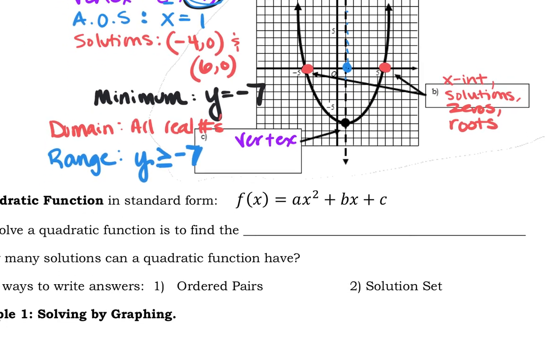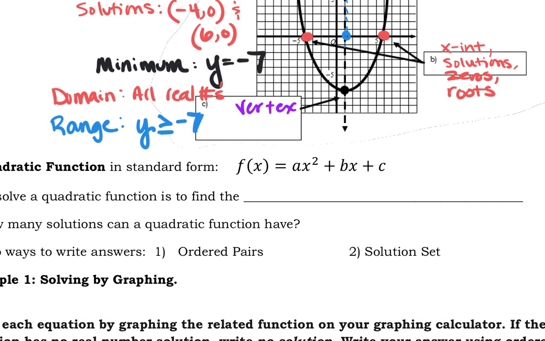All right, just to recap, the quadratic function in standard form is ax squared plus bx plus c. To solve a quadratic function is to find the x-intercepts or the solutions. Now, how many solutions do we have? What are the possibilities? Like this one has 2 solutions.